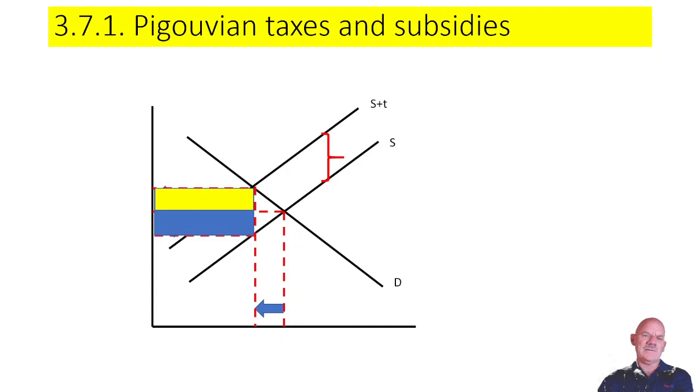Above the original price line is what consumers pay more than before, so they carry that burden of the tax, and the producers receive less than before, and they carry that burden of the tax. So even though the producers pay the tax, the fact that consumers have to pay more for the goods means they also bear some of the burden of the tax.